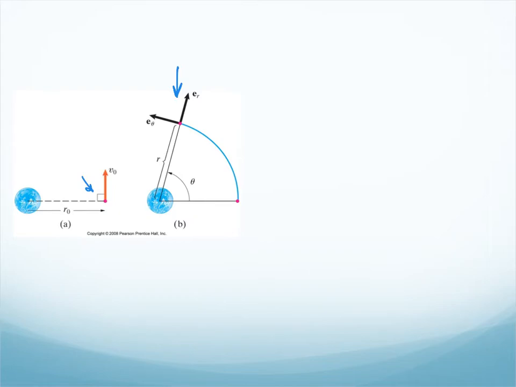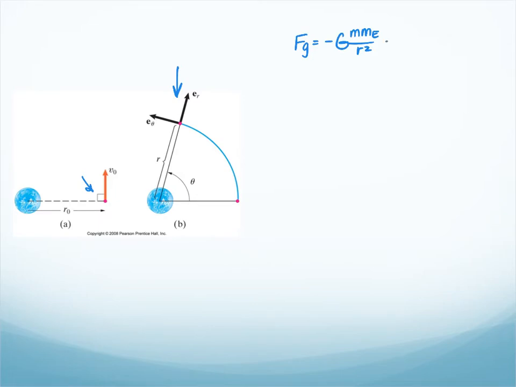And these are older slides, so the unit vectors might look different from what we're used to. So the force that we're looking at is the force of gravity, which we can write as minus big G, mass of the Earth, over the radius squared, where the mass without the subscript would be the mass of the satellite.